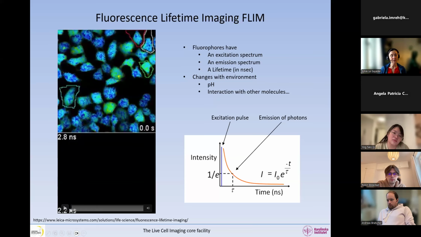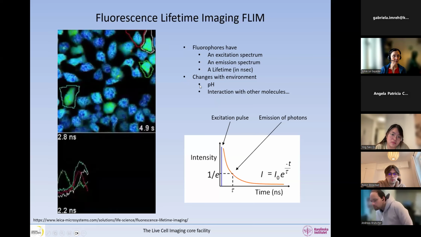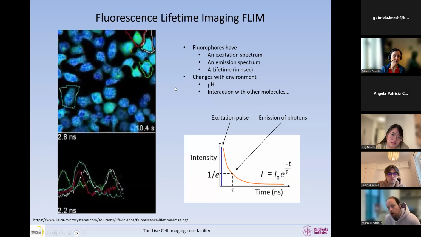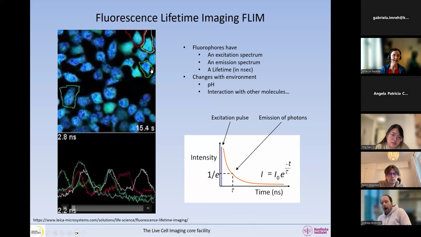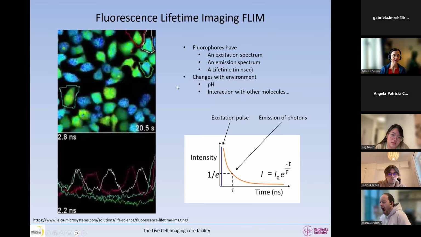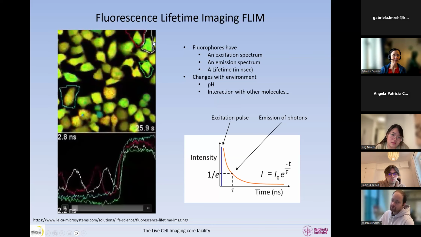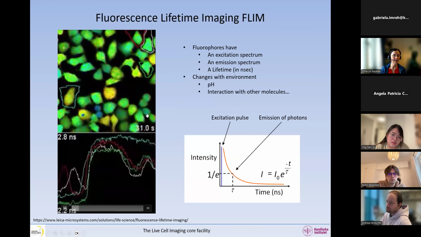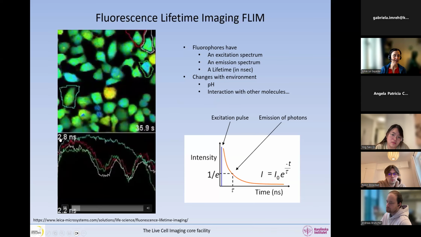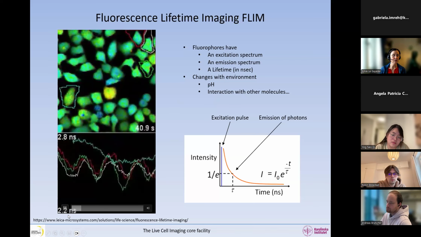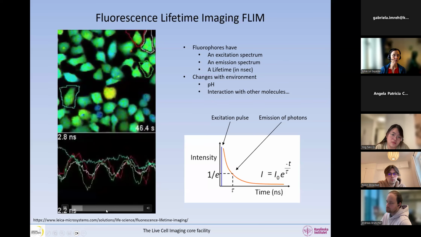So here I have a little movie as well, where you can see some cells that are moving, and then I can't remember exactly, there is something that happens, or a pulse of something, and then you can see that some of the cells will suddenly be activated, and the lifetime is changing. You can see that it goes to 2.8 nanoseconds, whereas before it was 2.2 nanoseconds.